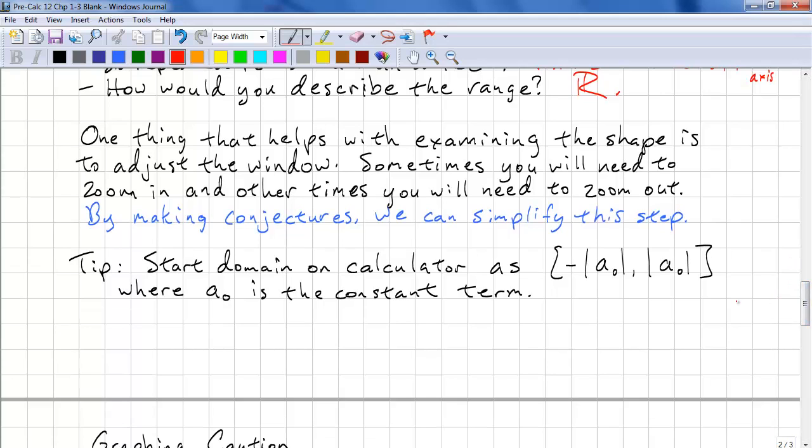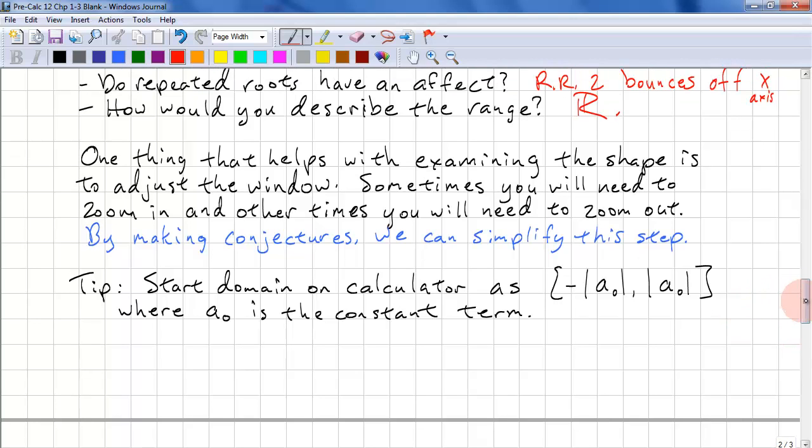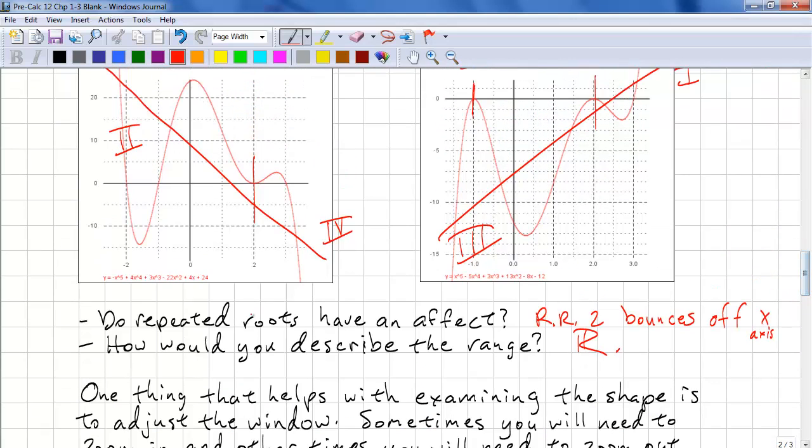One tip on a calculator, you want to set the domain as negative the absolute value of the constant value and the absolute value of the constant value, where a naught is the constant term. Okay, so for this one, we have 24. So we would set the domain to negative 24 and positive 24.